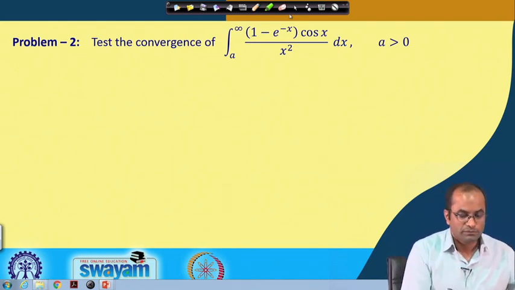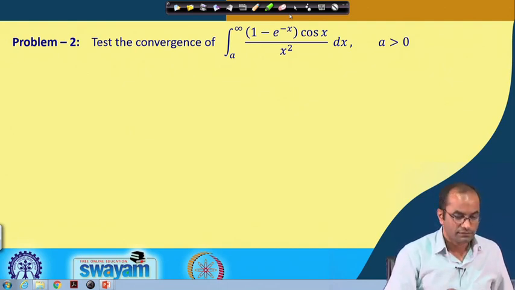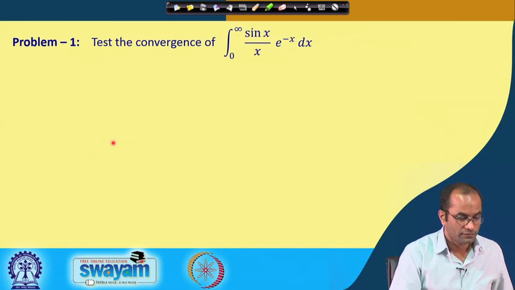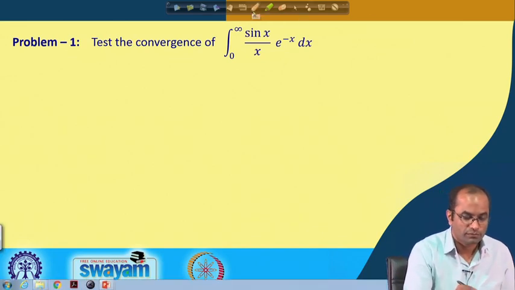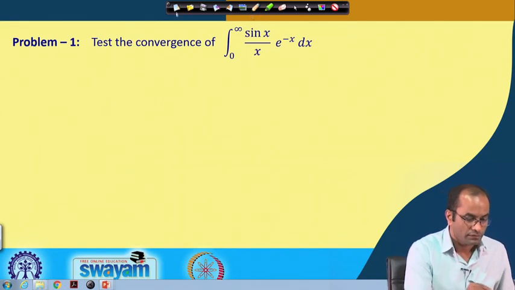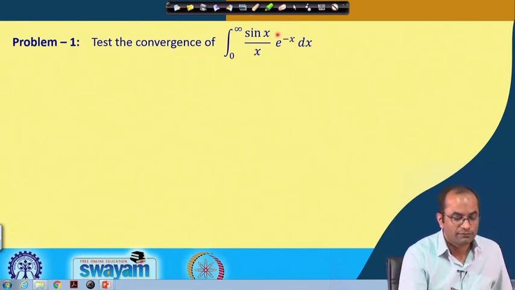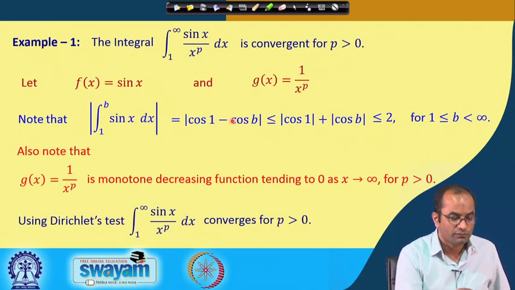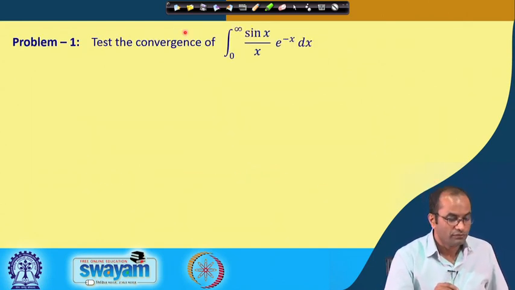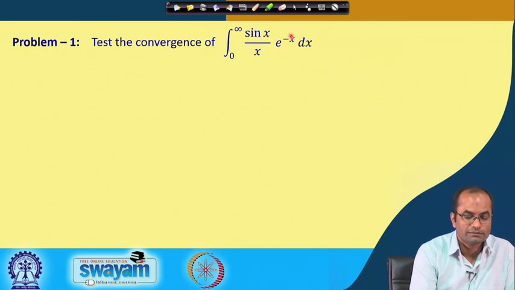So, this was the first problem, sin x over x times e to the power minus x. We have already done before sin x over x^p from 1 to infinity, and now we will do sin x over x multiplied by e to the power minus x.